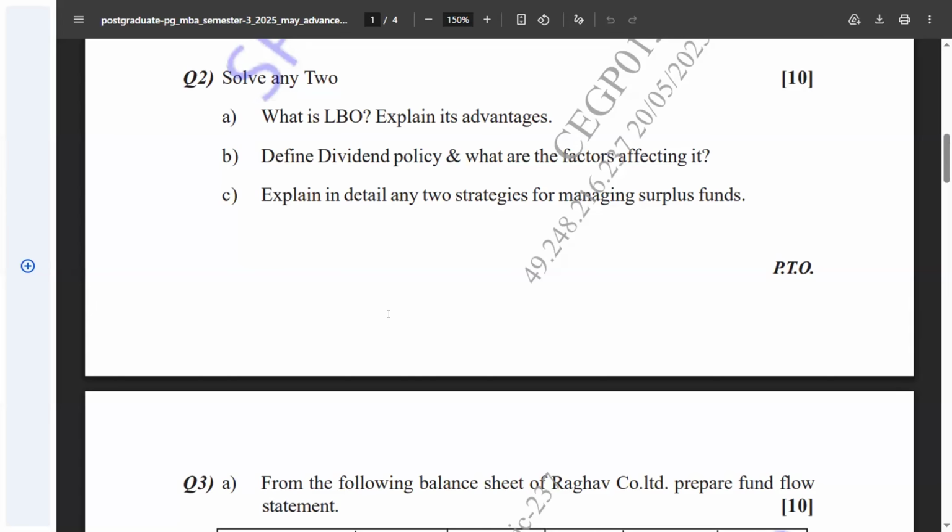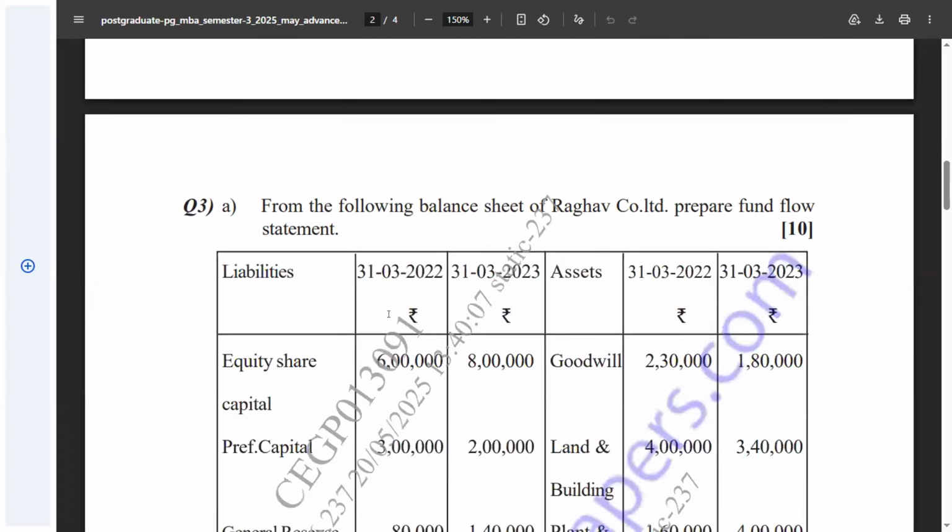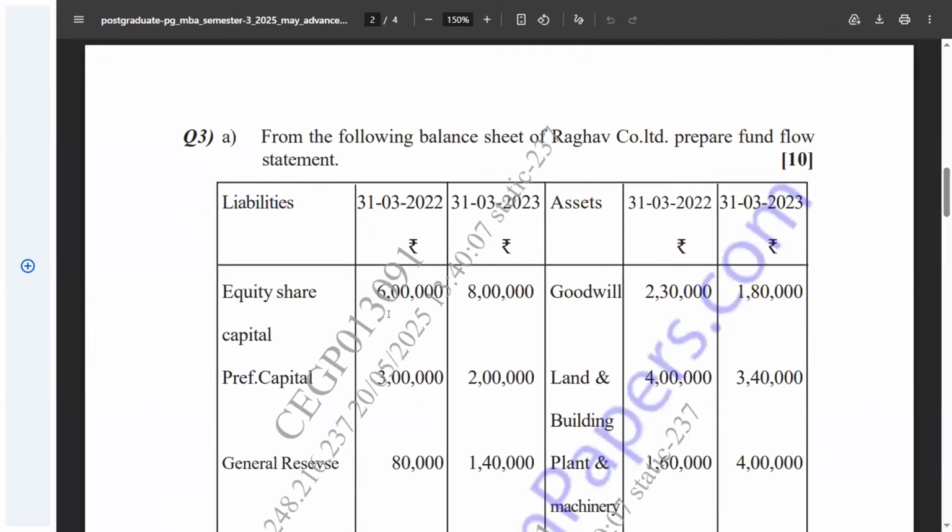So if you see strategic managing surplus funds, unit 3, dividend policy, unit 5, and LBO and advantage, unit 2. Then they have given the numerical on fund flow. As I said, they will not ask numericals on cash flow most of the time. They will ask on fund flow.